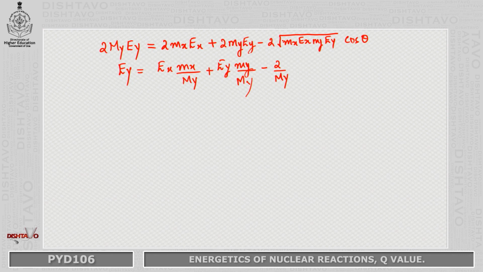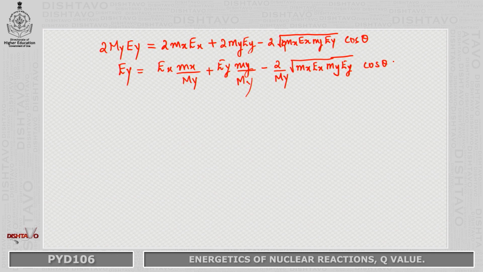Here there is 4, that 2 gets cancelled, and here it will come to, okay, square root of mx Ex Ey.